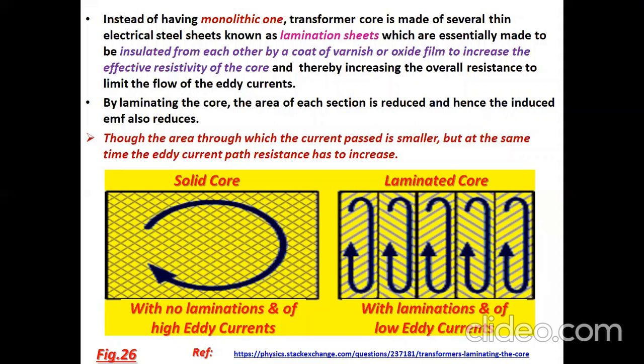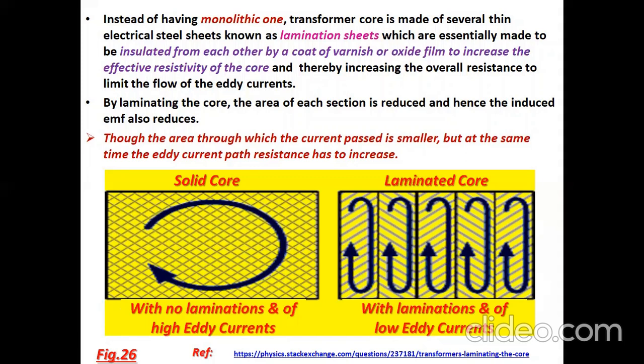By laminating the core, the area of each section is reduced and hence the induced EMF also reduces. Though the area through which the current passes is smaller, at the same time the eddy current path resistance increases.